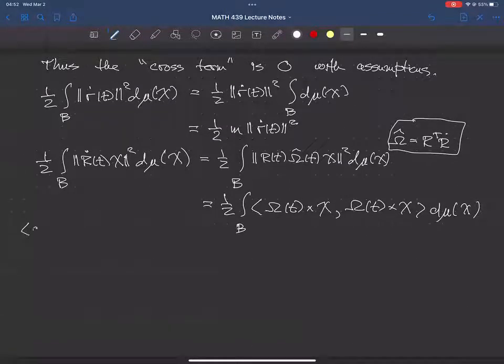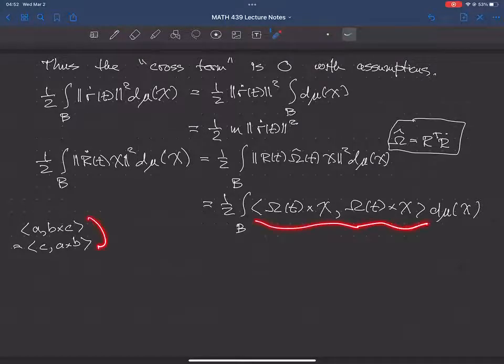And the vector identity is this one. And so we're going to apply this vector identity to the expression here, and the effect of that is to move the cross product over there.